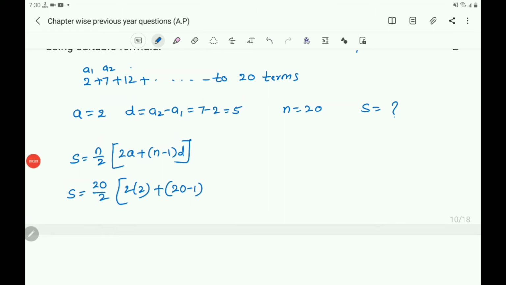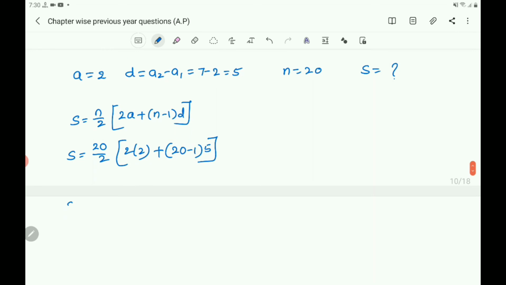d is 5. So S equals 2 tens are 10 into (2 twos are 4, and 20 minus 1 is 19, 19 fives are 95).